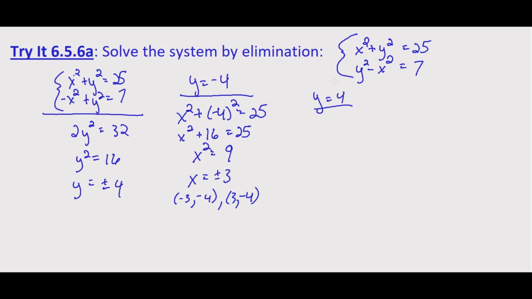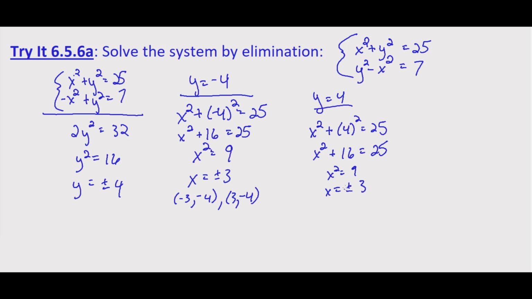Again, substituting into the first equation, that gives us x squared plus 4 squared equals 25. And if you'll notice here, this ends up being the same exact equation from that step forward. Which again gives us x equals plus or minus 3.